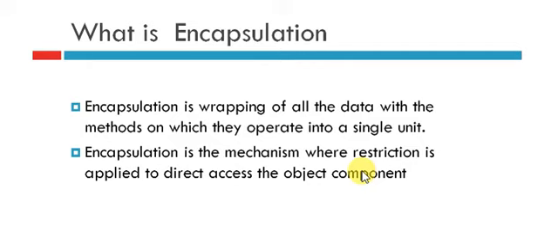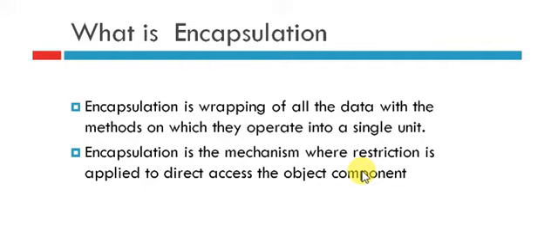In simple words, encapsulation is mostly bundling all the things. In our classes we have data, mostly in terms of attributes, and we also have the behavior of the classes. We need to wrap all those things into a single unit, and then provide access to any developer who wants to access.